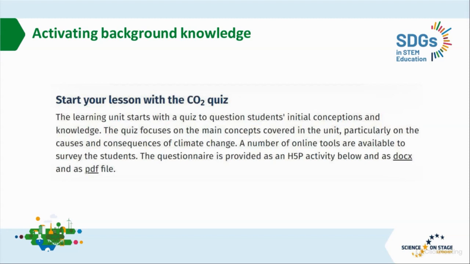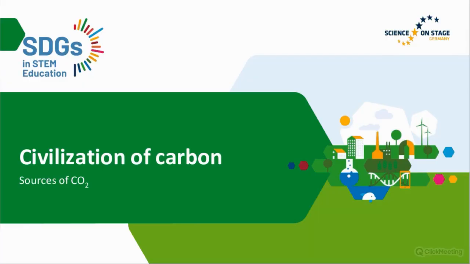So we recommend to start with a quiz to find out how much they know about this gas. Then our first section is the civilization of carbon, and to analyze the different sources of carbon dioxide.